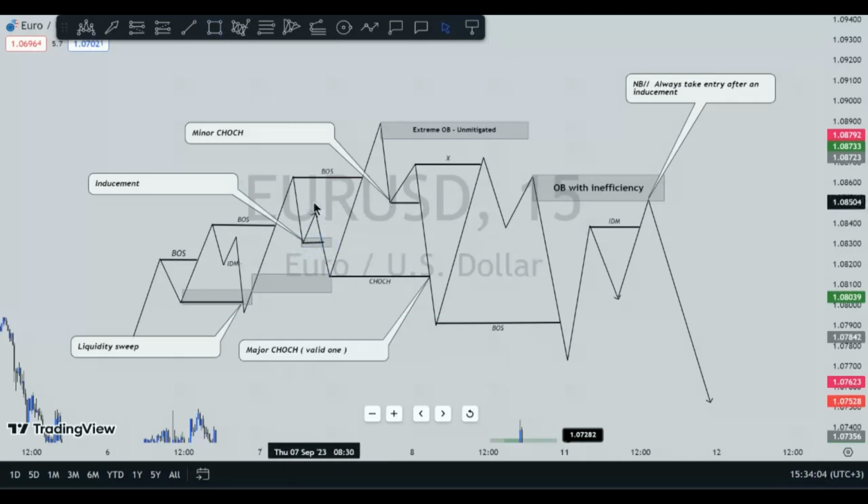Price reacted and then moved down to mitigate this extreme order block over here. So price then moved up, created a minor change of character, and always keep in mind that a change of character only becomes valid if it has mitigated a valid supply or demand zone in a higher time frame.